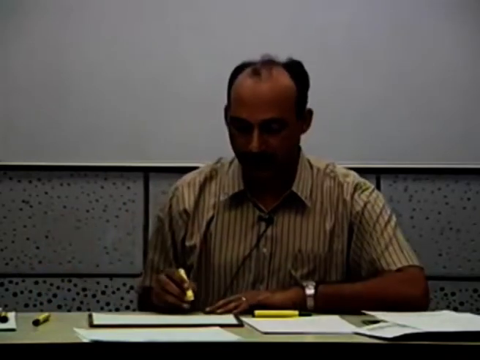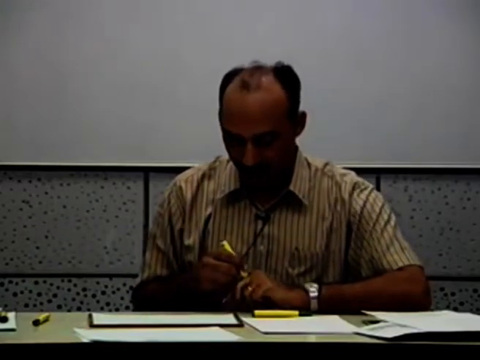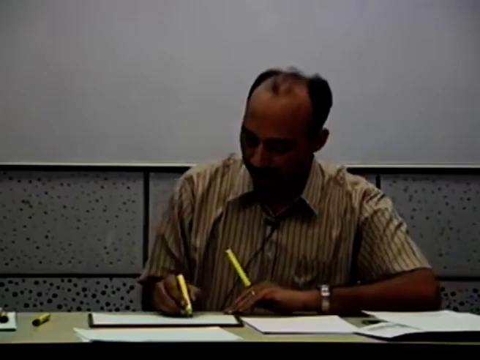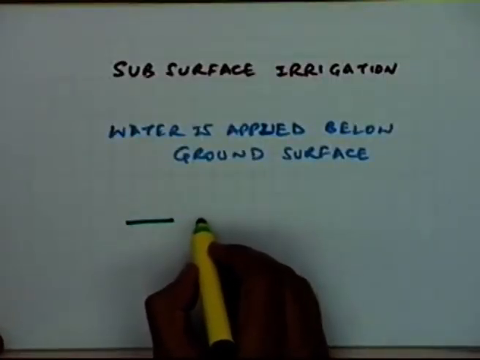Now, what kind of method this can be? If you just try to visualize, you will find that the typical, suppose this is your ground surface.